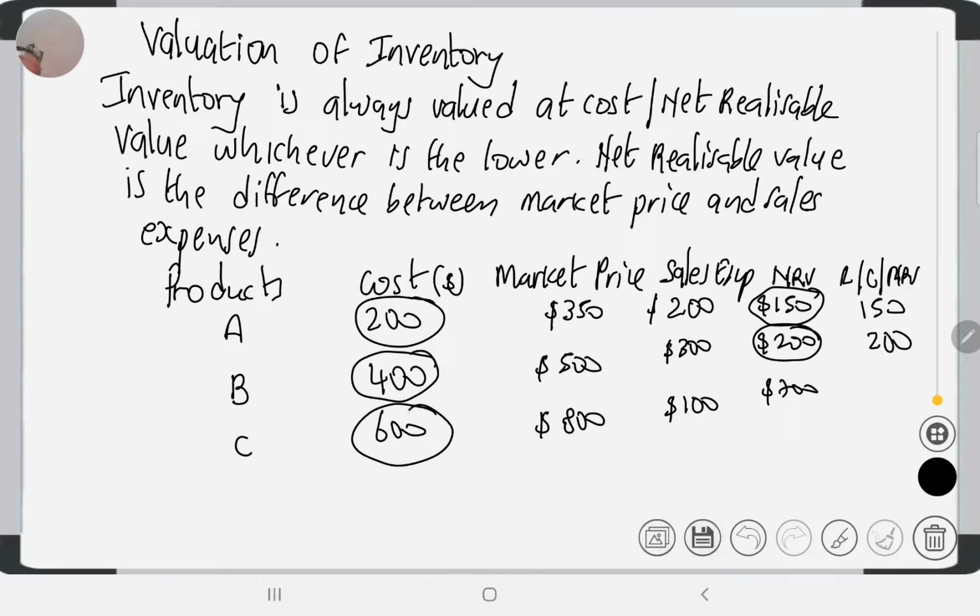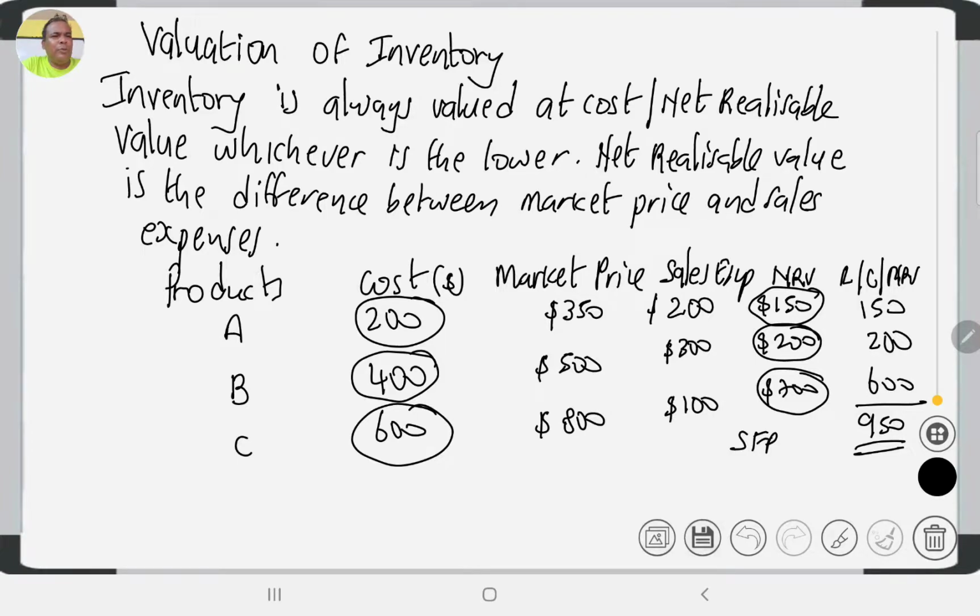Here we have cost 600 and net realizable value 700, so we will take 600. So valuation of inventory is 950. In the statement of financial position, we will record inventory at 950. So this is how we use the concept of lower of cost or net realizable value.